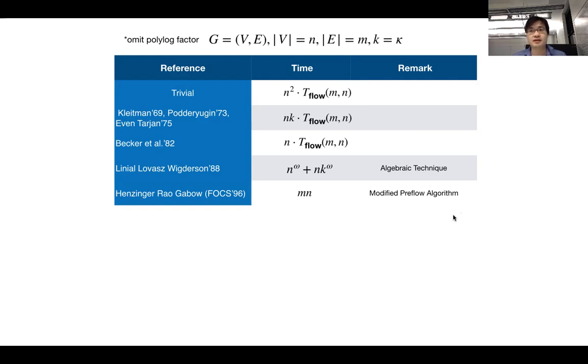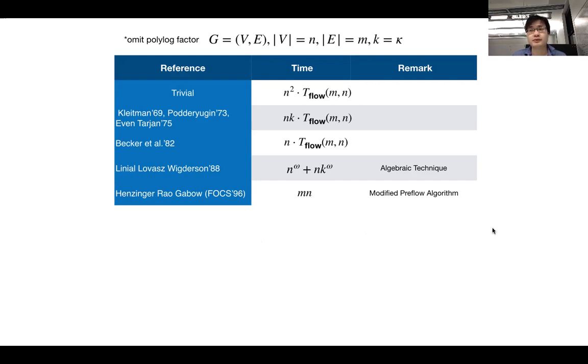The main difference from previous max flow based algorithms is that this is a white box, in the sense that they modify the preflow algorithm in such a way that it works for vertex connectivity. This running time mn is the best known bound so far, and there has not been much progress since 96.